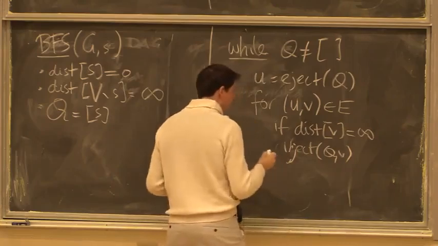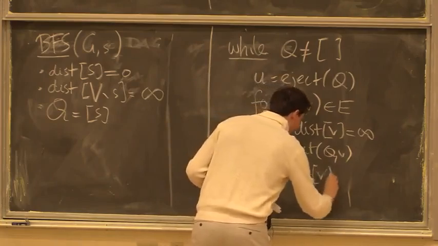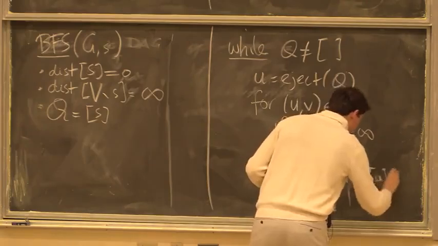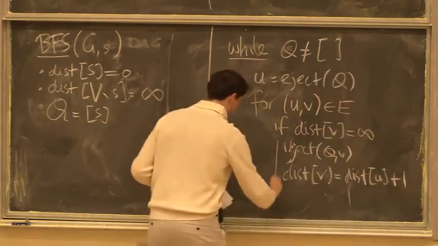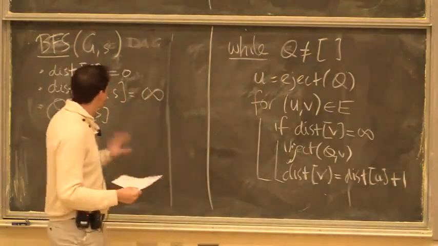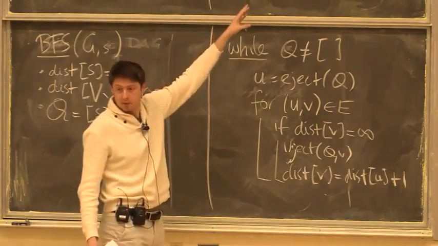And then we're going to set the distance of v to be the distance of u plus 1. This algorithm is precisely doing that thing over there. Do you agree?